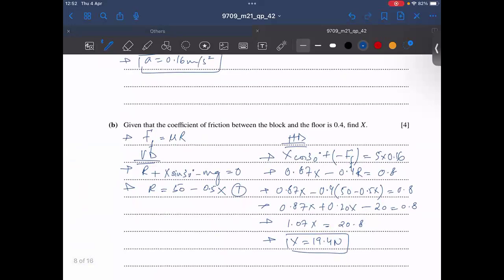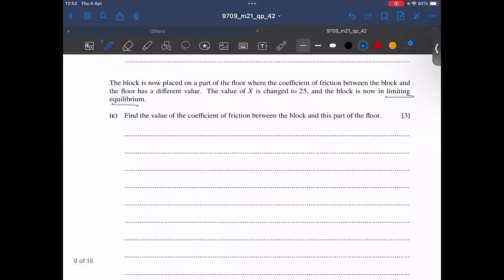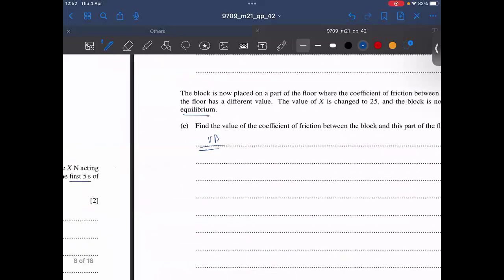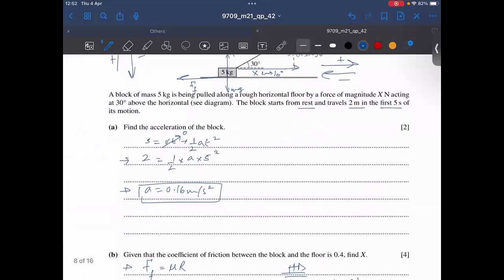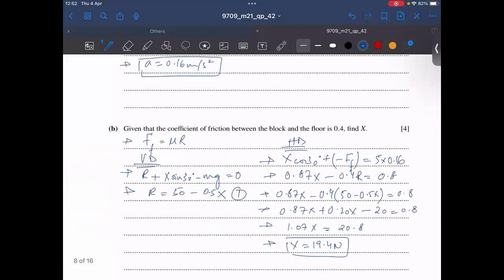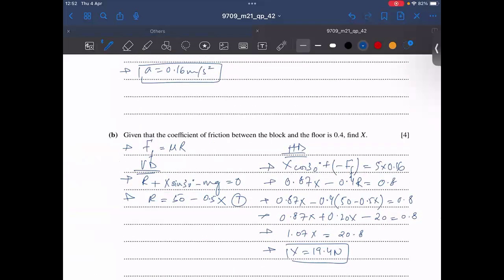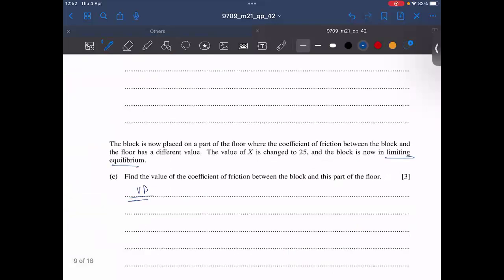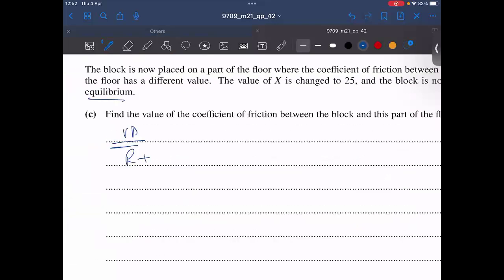In the vertical direction, everything is going to remain the same. R plus x sine 30 minus mg equals 0.